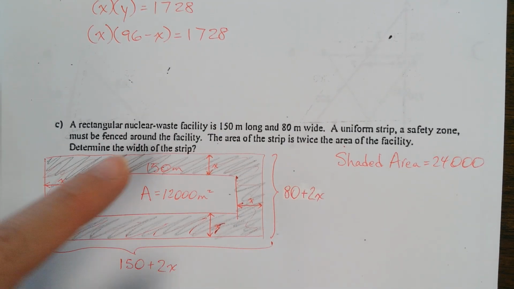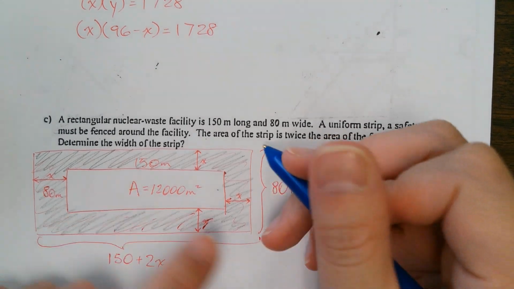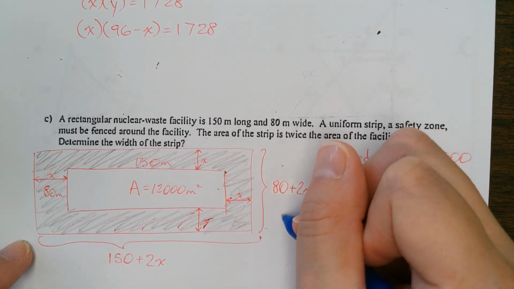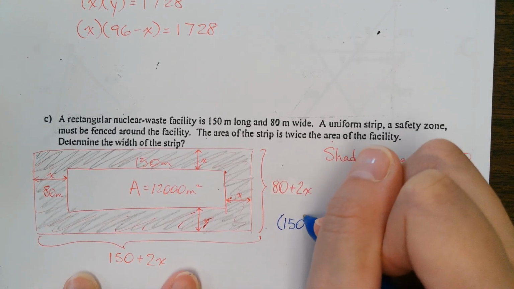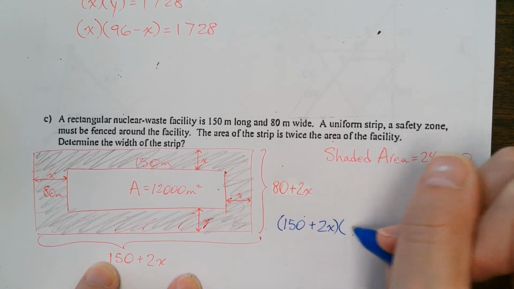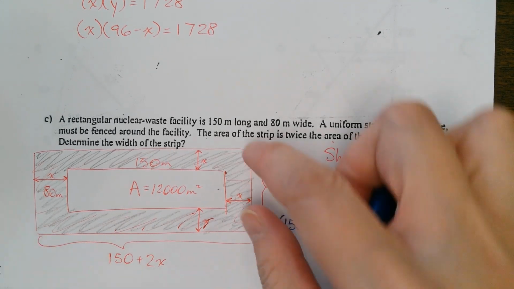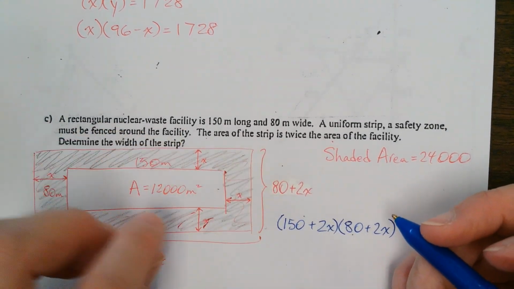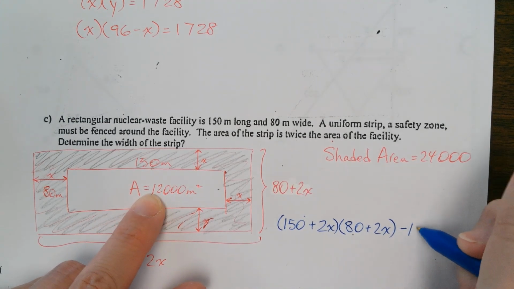So you have a rectangle within the rectangle. So my area of just that shaded part would be 150 plus 2x, length times width. That would give me the area of the whole thing. But because it's hollow in the middle, I subtract that.